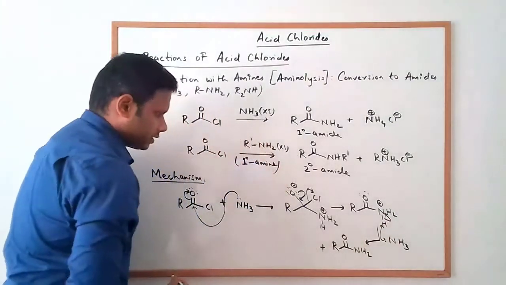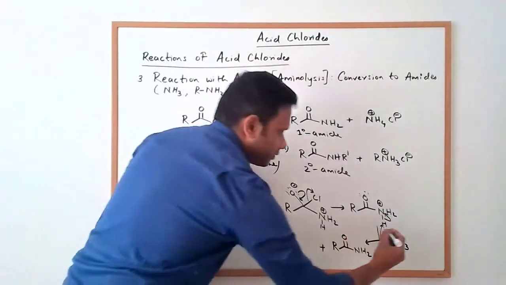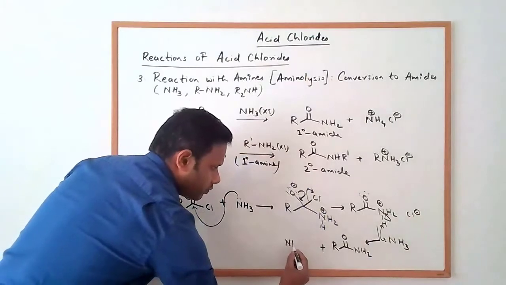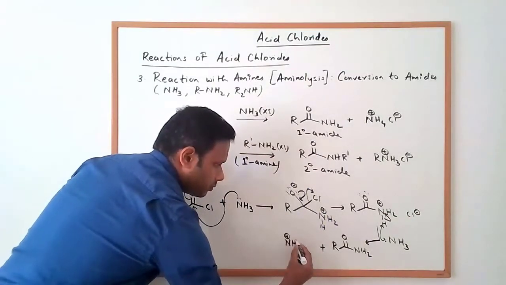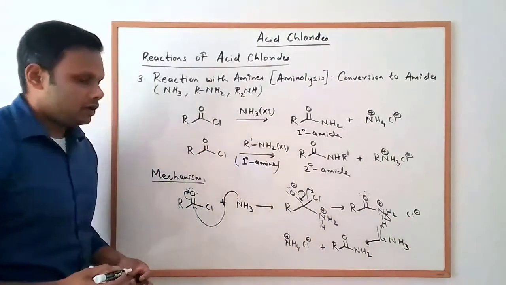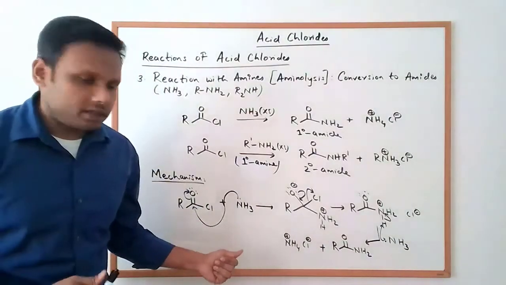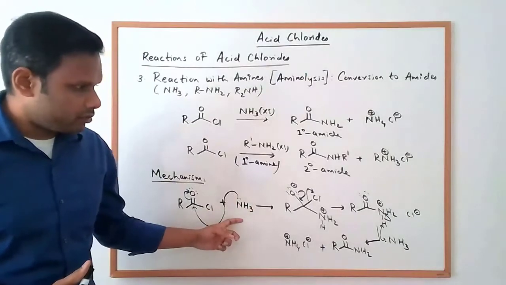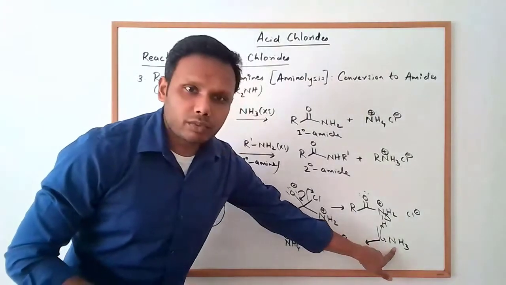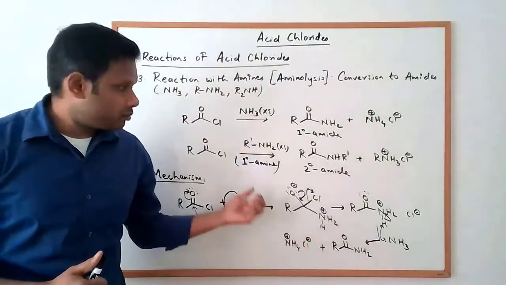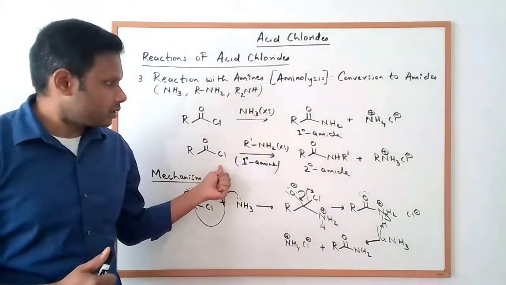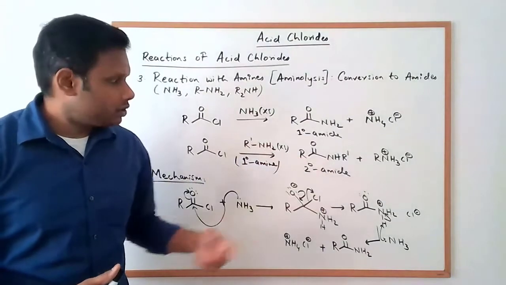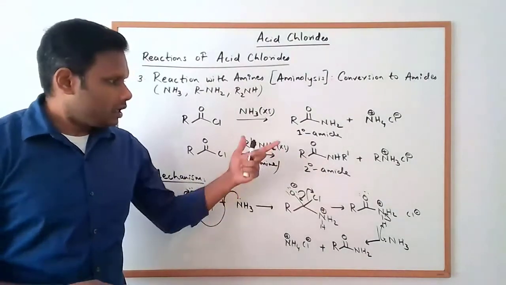And along with that, we will have, there was chloride here. So along with that, overall, we are going to get ammonium and chloride. And so now if you're doing the same mechanism with a primary amine, you just replace the ammonia with a primary amine there, and you're looking at the mechanism for the reaction of an acid chloride with a primary amine to convert into a secondary amide.